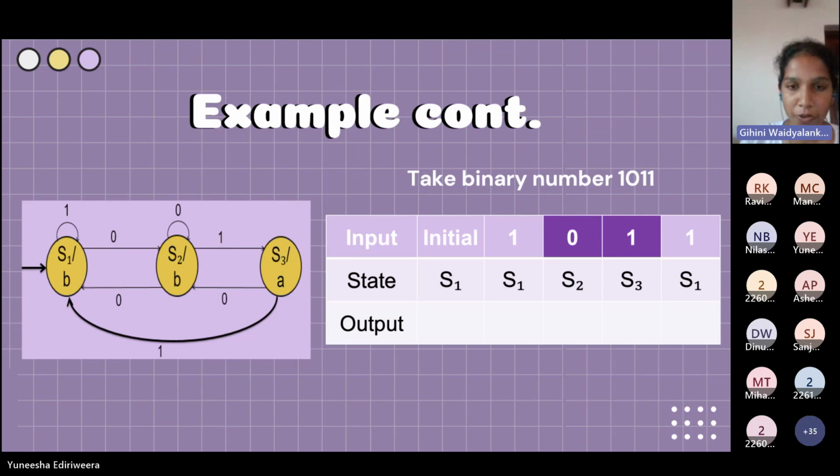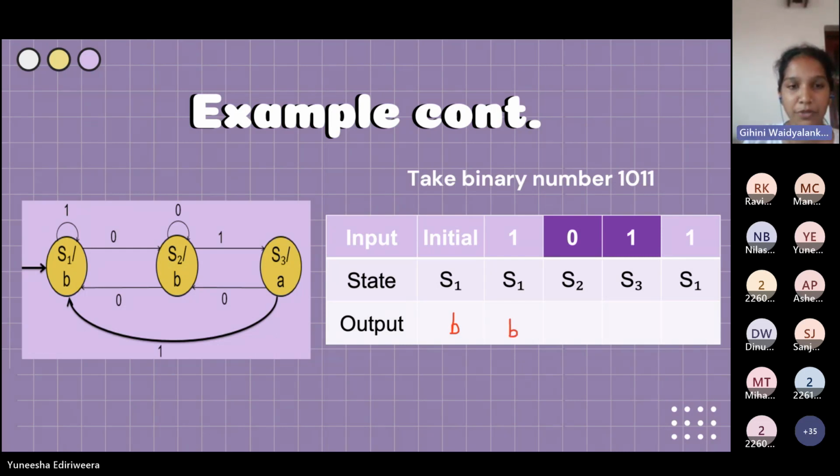So the output for initial, which is S1, should be B. And then we have our first input, which is 1. When 1 is given, it loops back to the same state, which is S1, so our output will be B.